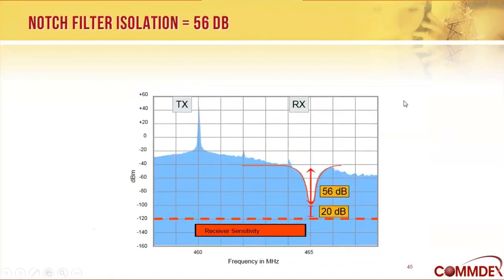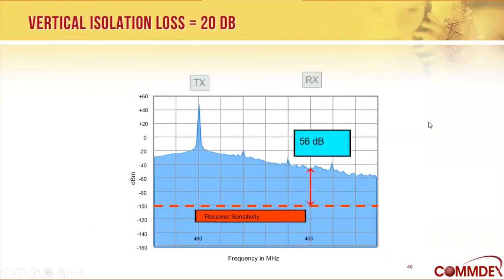The notch filter provided us 56 dB of isolation, which still left us 20 dB short. The vertical antenna isolation in our example gave us 20 dB, which still leaves us 56 dB short.